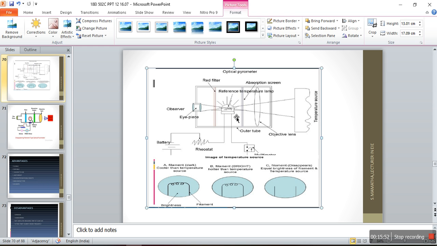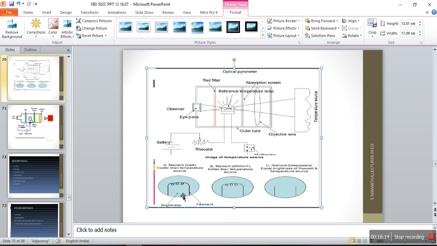If those two are equal, when the observer looks from the eyepiece side, no filament will appear. At that condition, the current through the rheostat gives the temperature reading. That's about the disappearing filament type optical pyrometer principle.